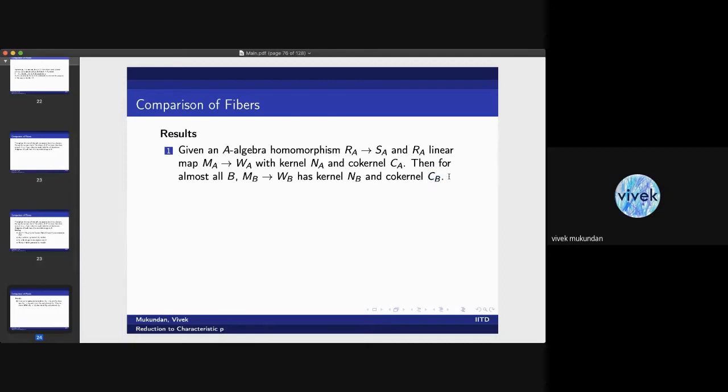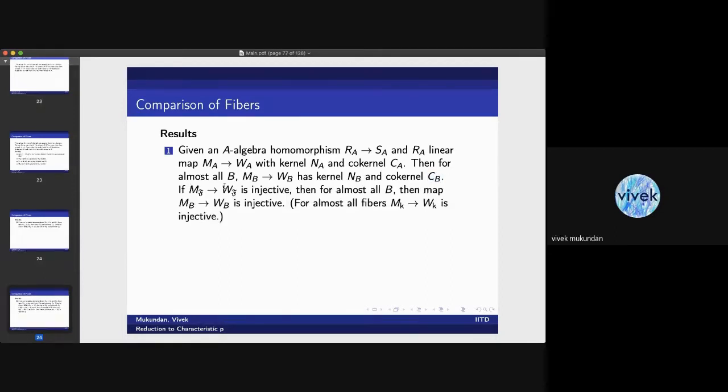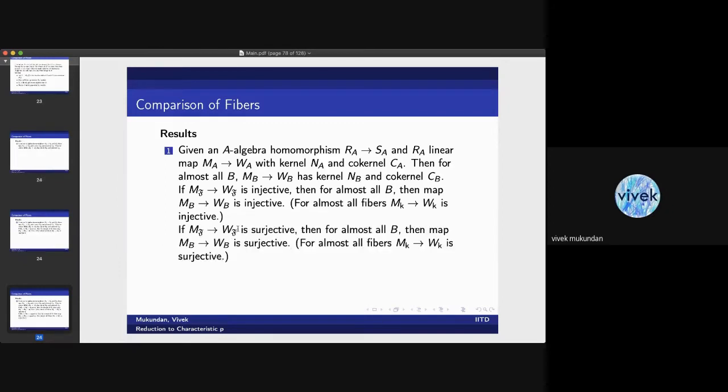So if you know that M to W is injective, then for almost all B, the map MB to WB will also be injective. In particular, for almost all fibers, MK to WK will also be injective. Similarly, if you know that M to W is surjective, then for almost all B, the map MB to WB is surjective, and for almost all fibers, MK to WK is surjective.